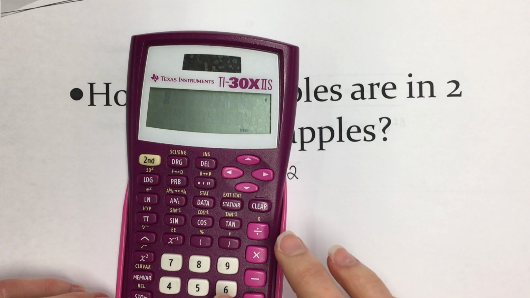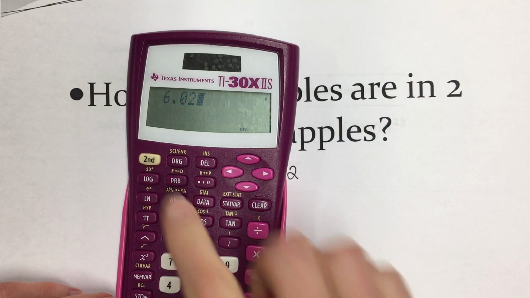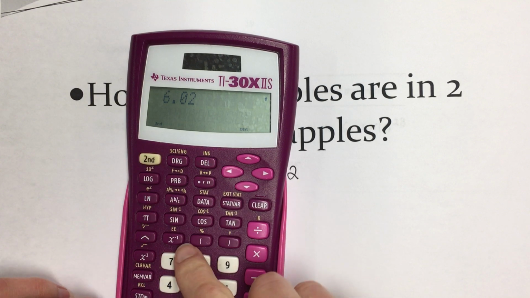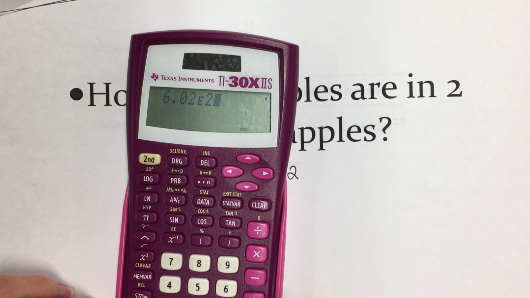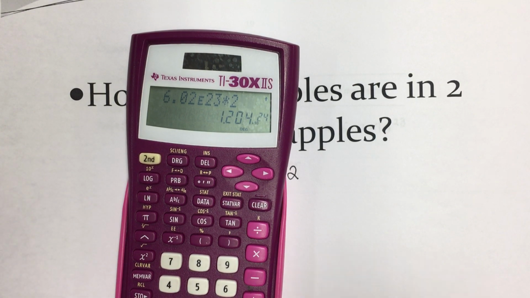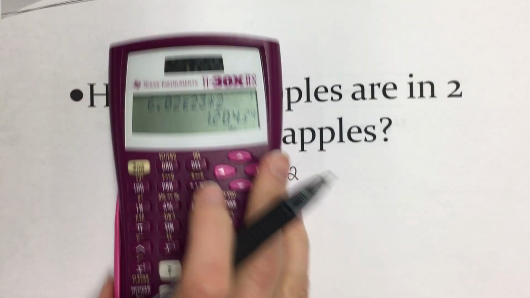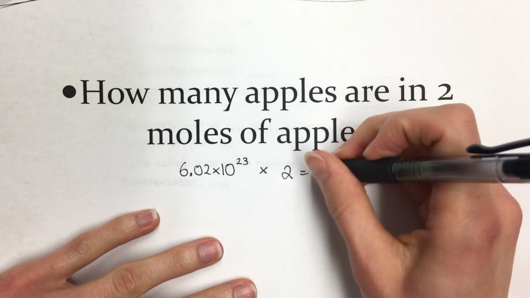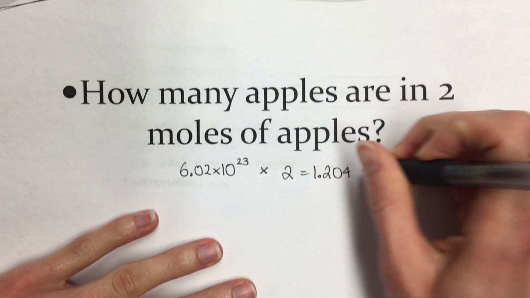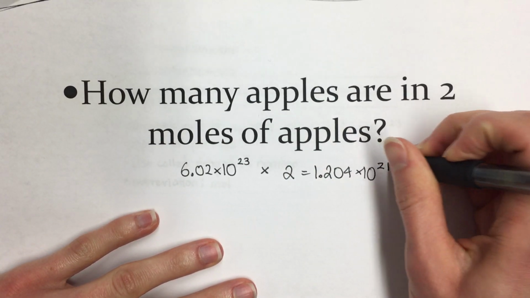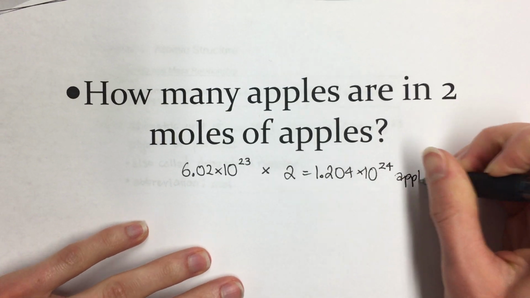And if I did that in my calculator, remember for scientific notation, you have to use the capital E. So you do second, capital E, 23 times 2. That's 1.2 times 10 to the 24th apples in 2 moles of apples, okay?